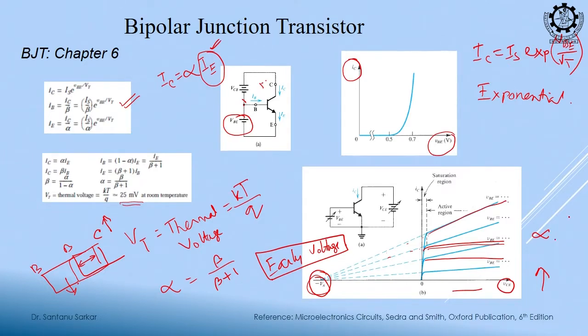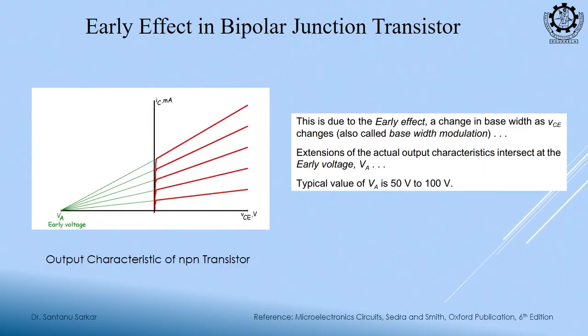Otherwise, because of this early effect, you will have the early voltage and this finite resistance. Why is this happening? Because the base width is changing as VC is increasing. This is known as base width modulation. And a typical value of the early voltage is around 50 volts to 100 volts.